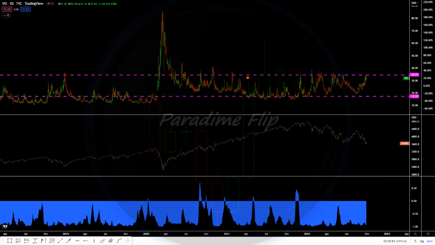You can draw brackets over it, and basically it is a mean reverting chart, because volatility itself is mean reverting in nature. Volatility expands and then contracts, and then expands and then contracts, and you'll notice that throughout the history of the VIX chart. Occasionally you'll get these big spikes.